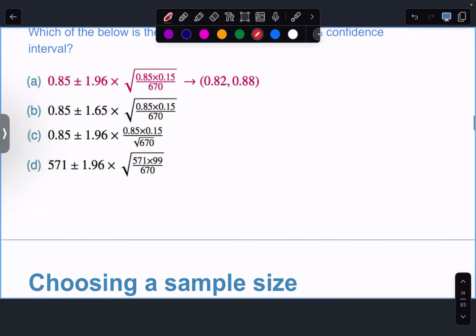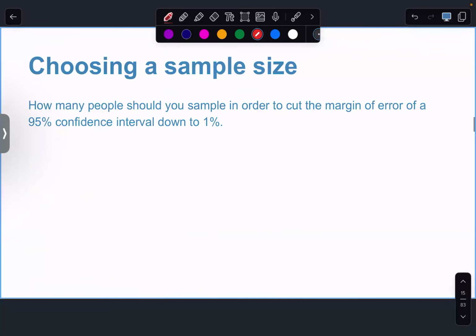And then they land on the same interval, but then they skipped the interpretation, which I don't want to build any bad habits. We always interpret the interval. But now let's see an example where we're choosing the sample size.